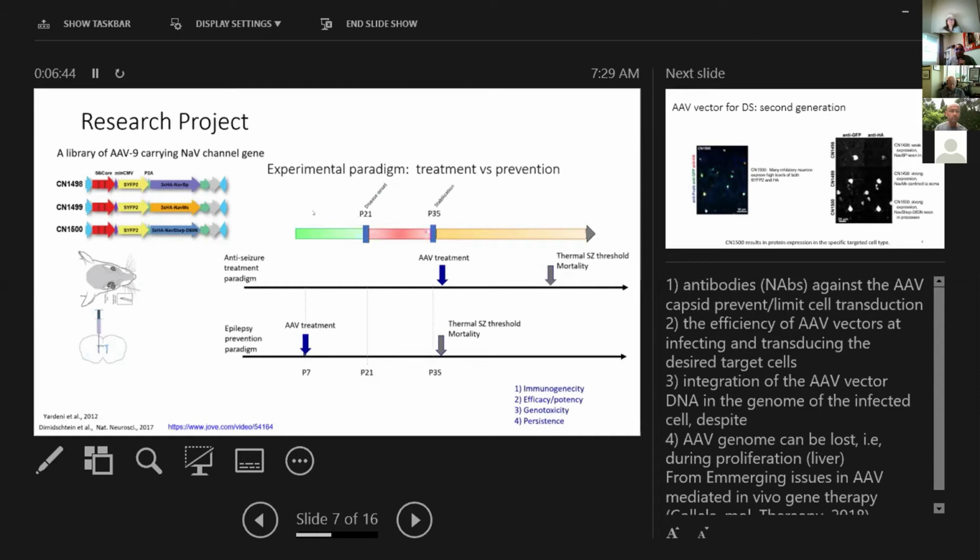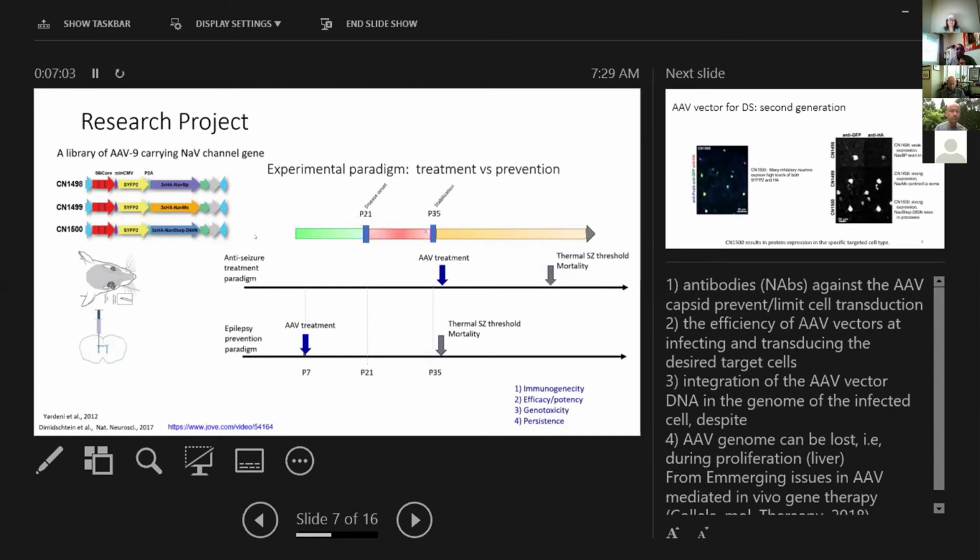And we know that, similar to what happens in humans, in our mouse model the mice are born without the disease, and the disease onset happens around P21. And there is a little bit of stabilization of the phenotype around P35.